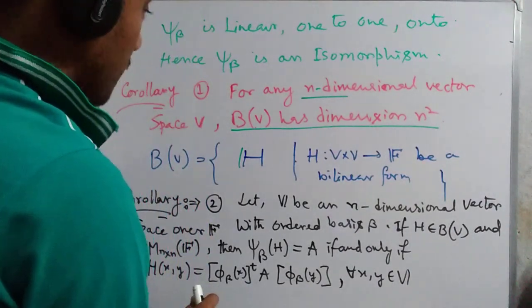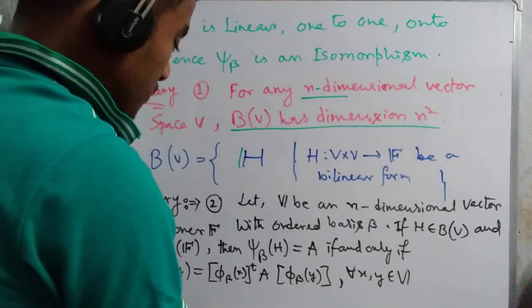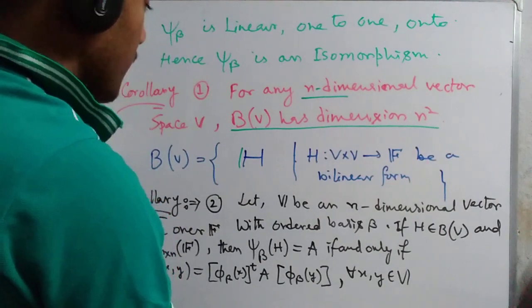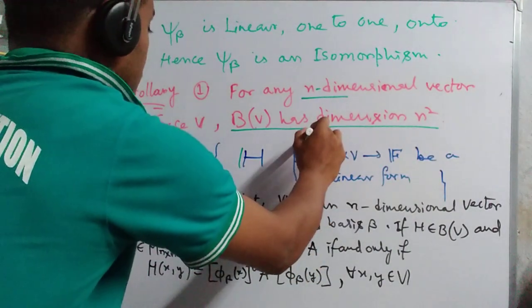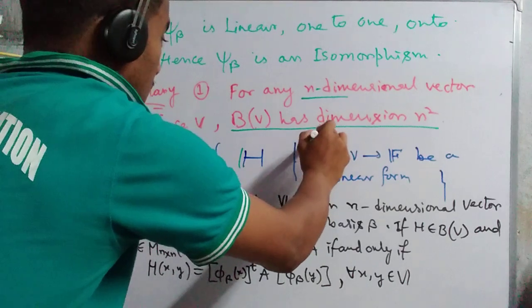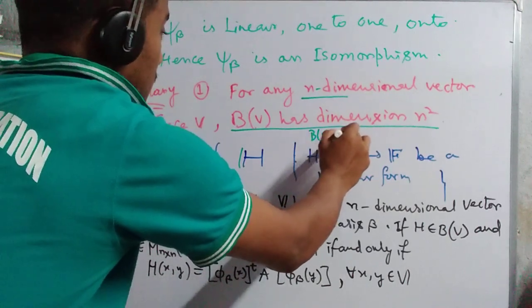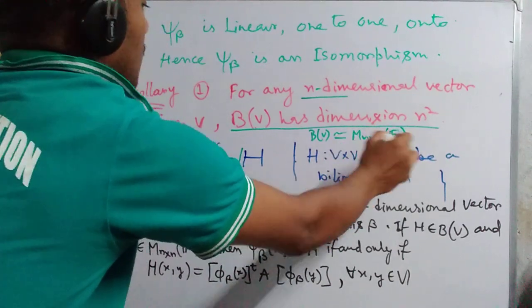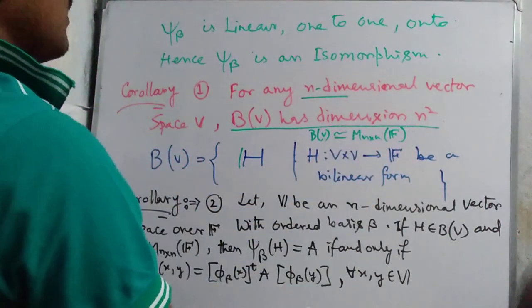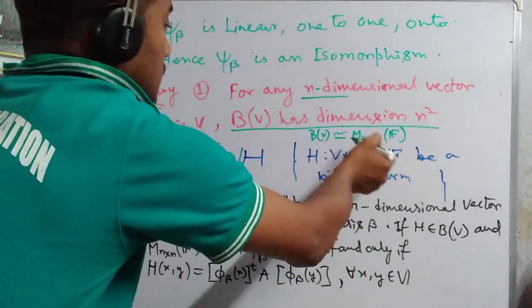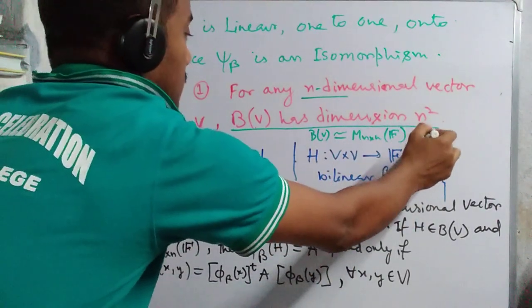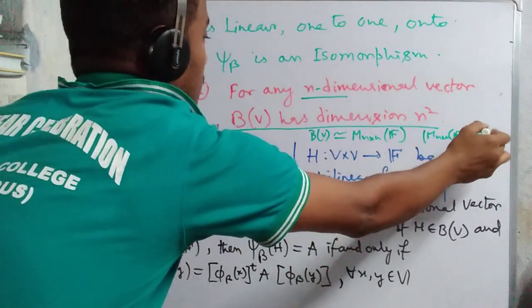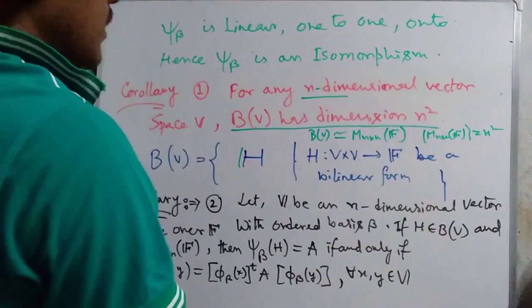This we easily understand from the theorem. We know that BV is isomorphic to M n cross n of F. Then M n cross n has dimension n square.